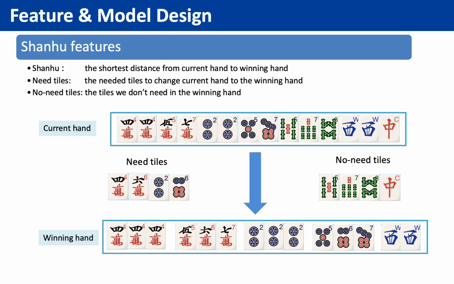In fact, the process of getting the needed tiles and discarding the unneeded tiles is the process of winning this game. So we constructed the 上弧 feature as an input feature in SuperJong. And it's really helpful to speed up the convergence of the training process.